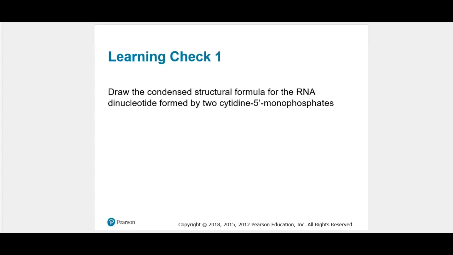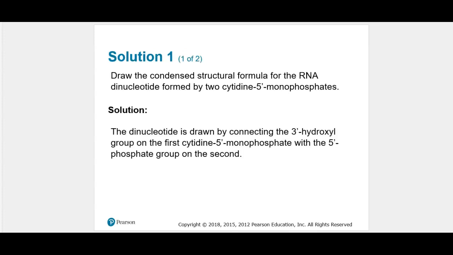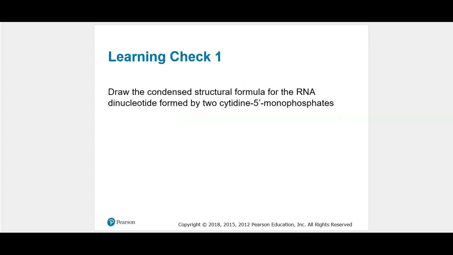Well, cytidine, you know that it's a pyrimidine, and you should know that it's going to have an amino group and a carbonyl on there. We'll get to that eventually. This is how we're going to do this, though.